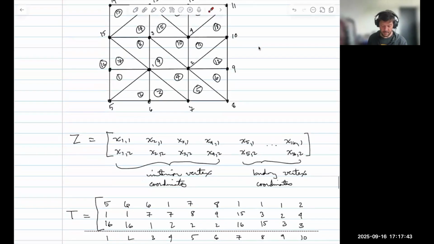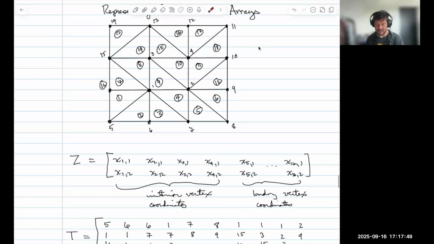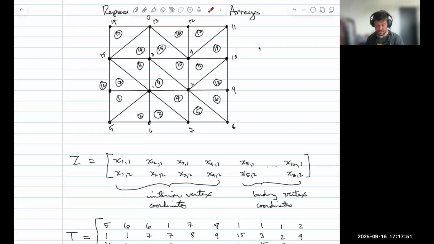So my matrix Z is going to contain the coordinates of all my vertices. The way this usually works is you cluster things. You're going to cluster all the interior vertices first. There are only 4 interior vertices. Each one has an X and a Y coordinate, so I'm going to break that into the X and Y coordinate.